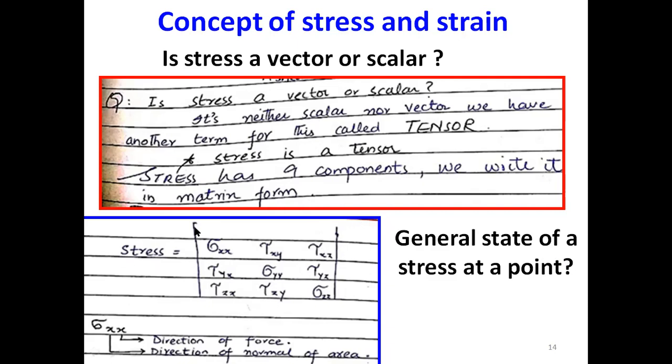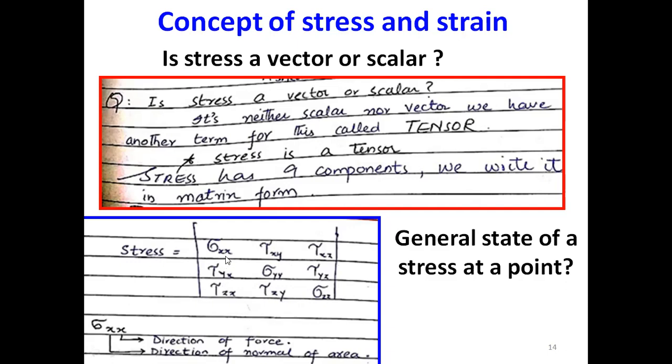Stress is equal to a matrix, and then you could see the 9 components of the matrix: sigma xx, tau xy, tau xz, tau yx, sigma yy, tau yz, and tau zx, tau zy, and sigma zz.